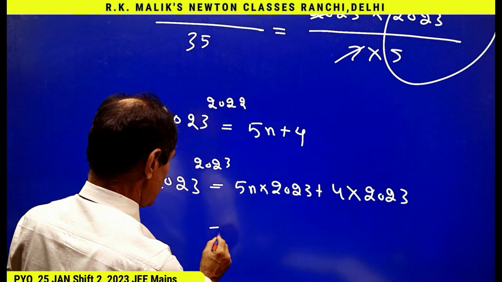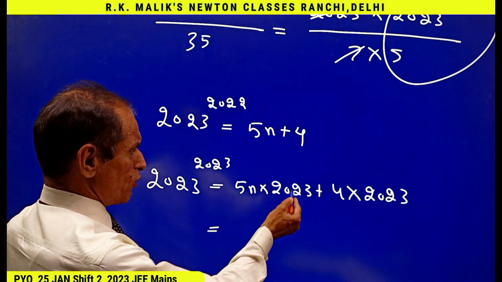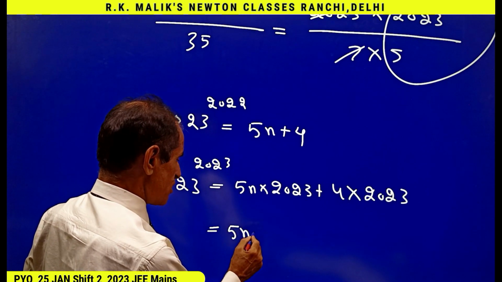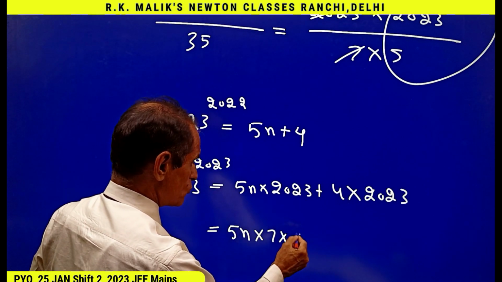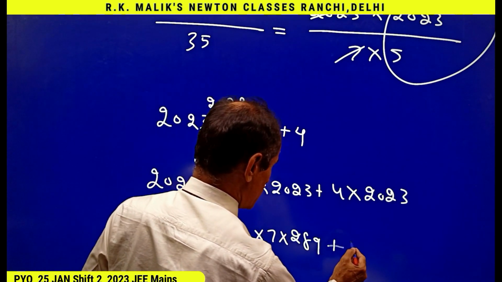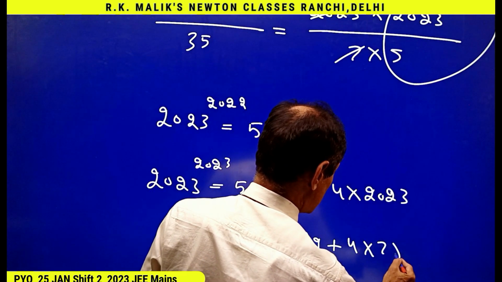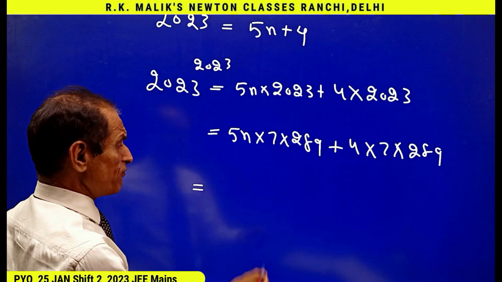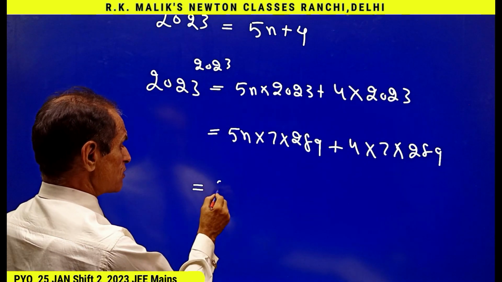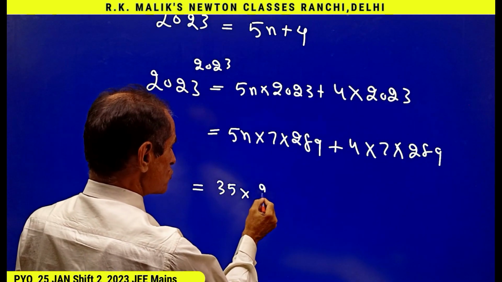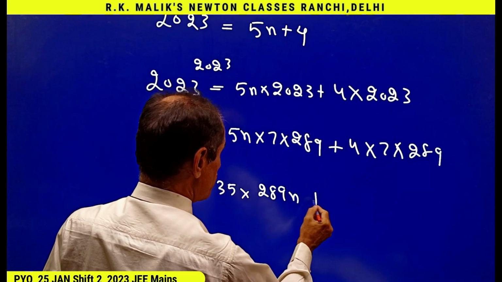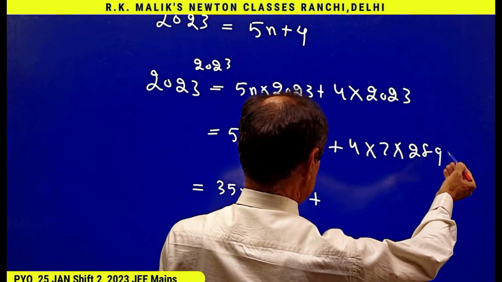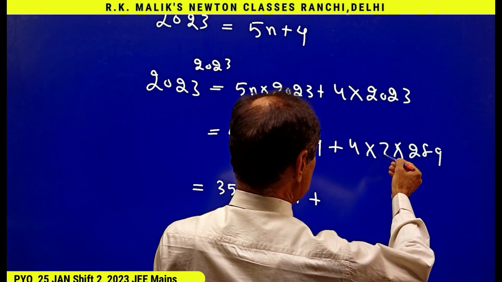This is equal to, because this is divisible by 7, 7 into 289 plus 4 into 7 into 289. The benefit of writing in this way, 7 into 5 is 35 into 289n plus, because I want to bring here a number which is less than 35. 7 is already present.